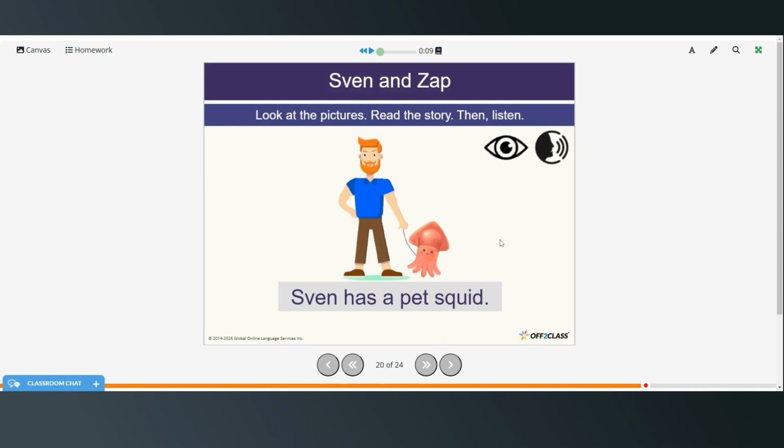All right, now we're going to read the story about Sven and Zap. So look at the pictures, read the sentence, and then listen when you're ready to check. Sven has a pet squid.